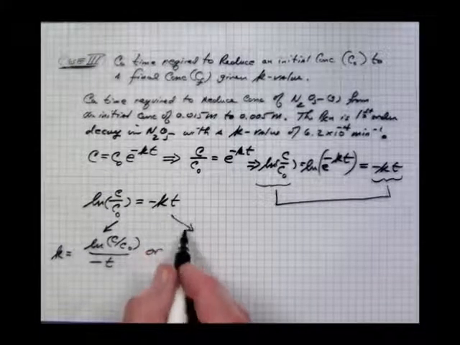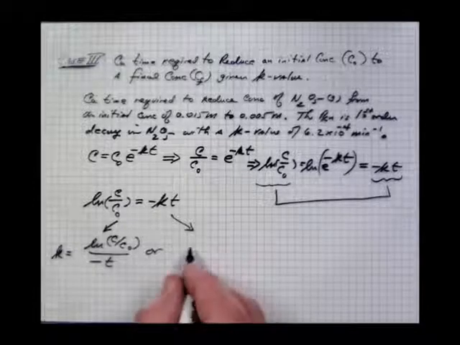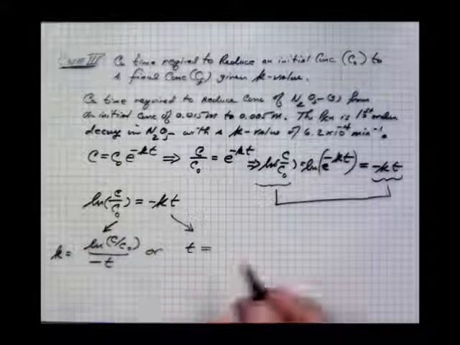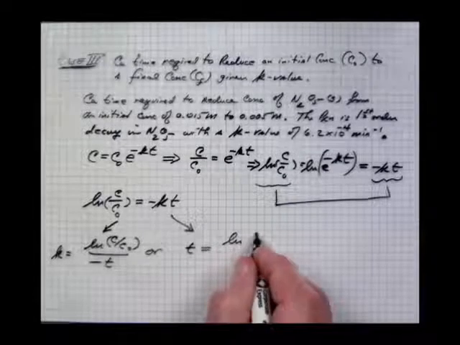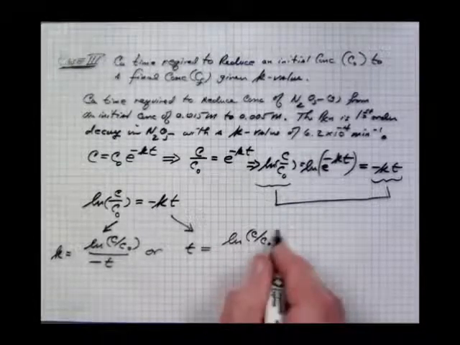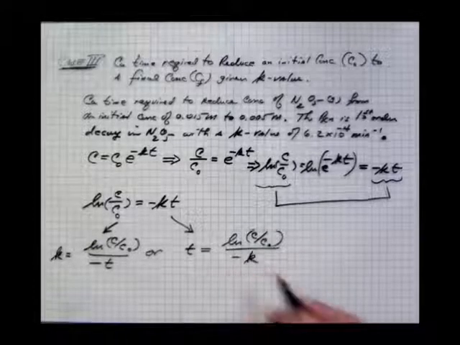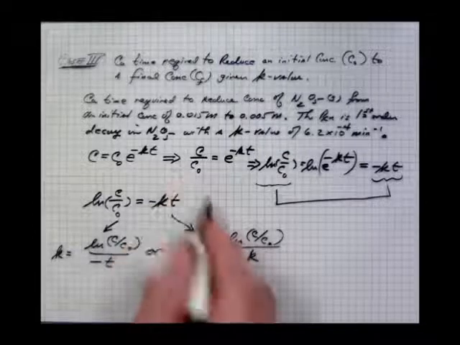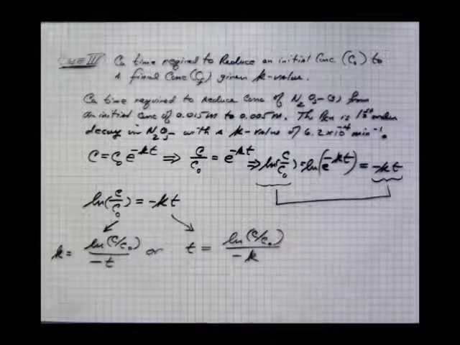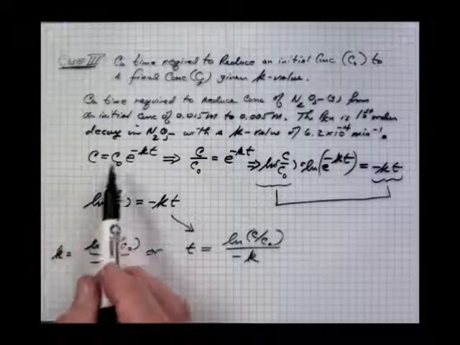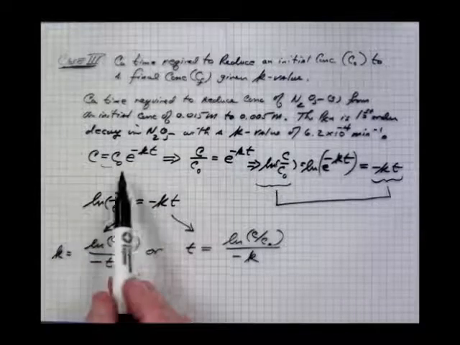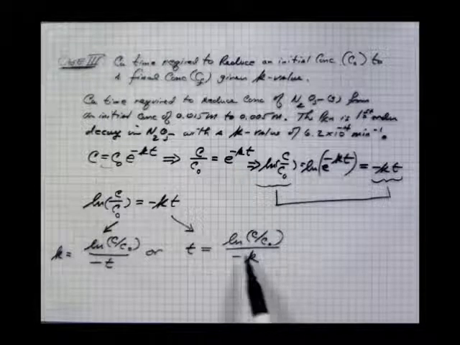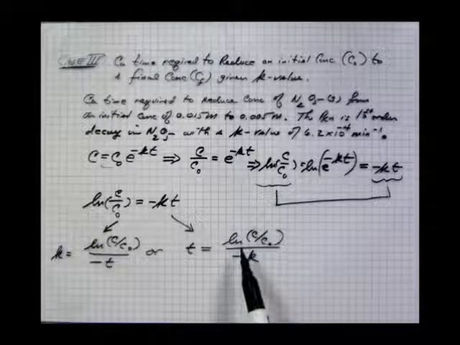Or this expression can be solved for the time it takes to change the concentration, which is of the same form, except you're dividing by a negative value of the K constant. And this, of course, is the objective of the problem we are working with. So using the first order decay equation, we can get it into a form, ln of C over C sub O over K. This is classic.